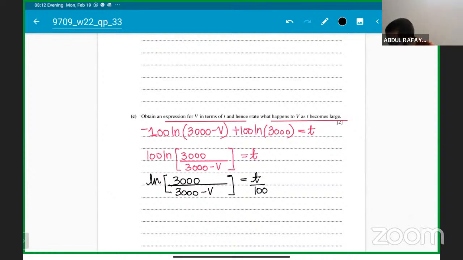And to remove ln, we make it e power t over 100.